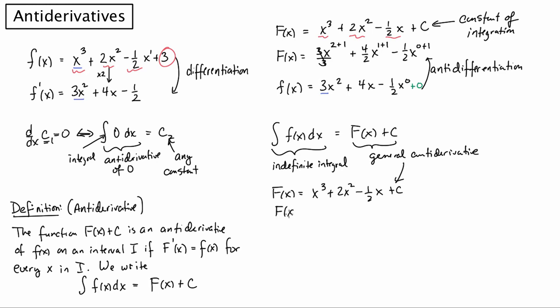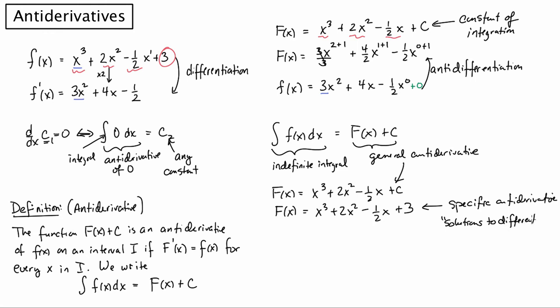But if I specify the following, so x squared minus 1/2 x plus 3, so if I'm looking for this one, then this is a specific antiderivative. And specific antiderivatives are solutions to things that are called differential equations.